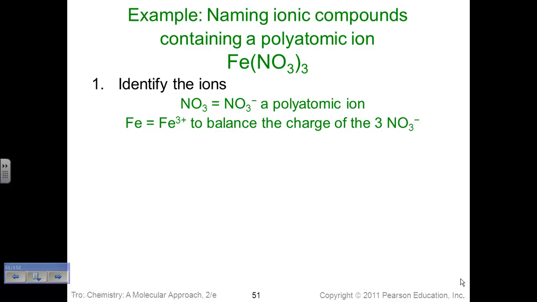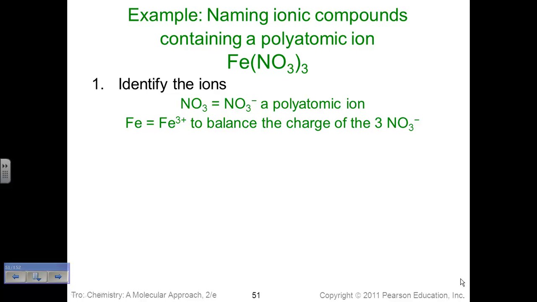They have the ability to change charge based on where they live. Fe stands for iron. NO3, notice it's in a parenthesis. The parenthesis is grouping together a polyatomic ion. Its formula is NO3. The parenthesis is outside the NO3. It's said to read as taken 3 times.